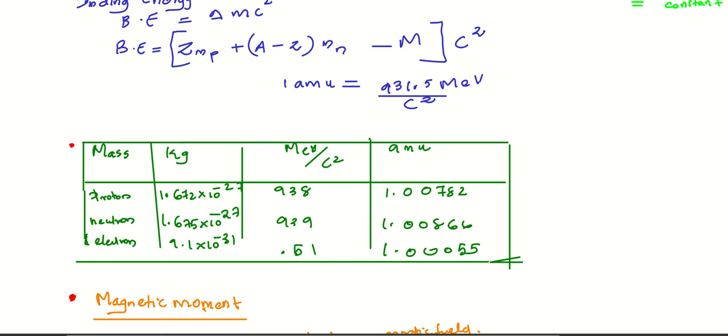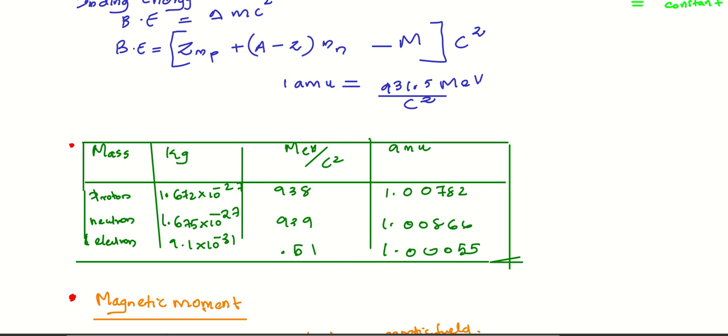In MeV by C square, for proton 938. Neutron is one more than proton, so that is 939. For electron 0.51, very small. In AMU, proton 1.00782. For neutron 1.00866.